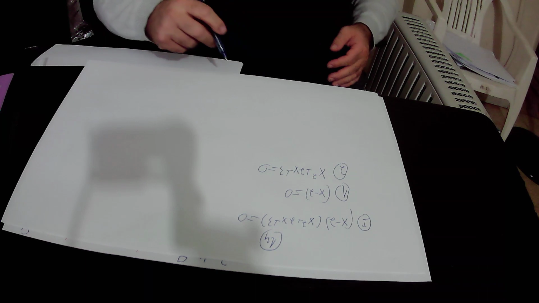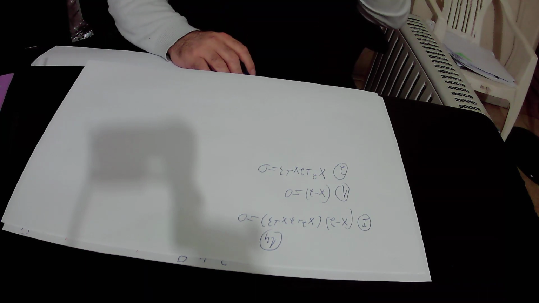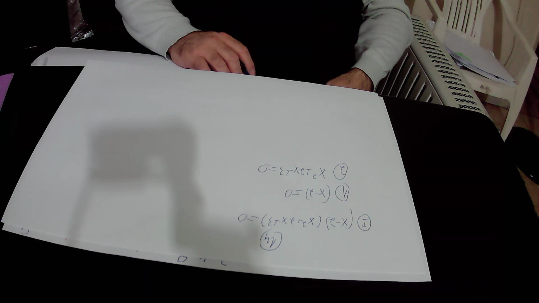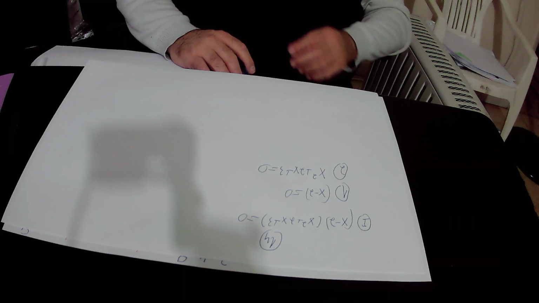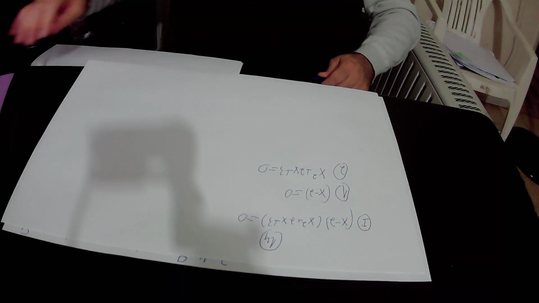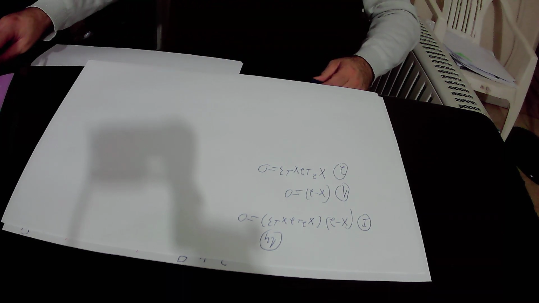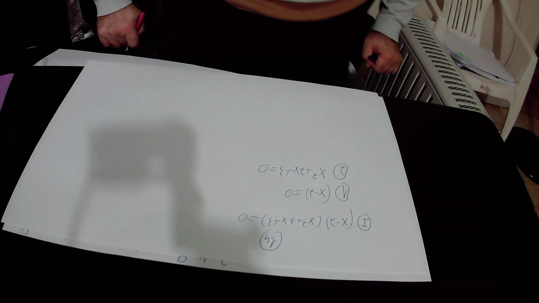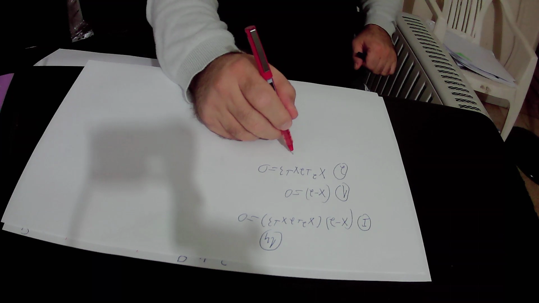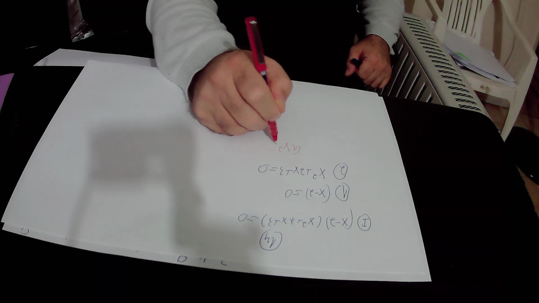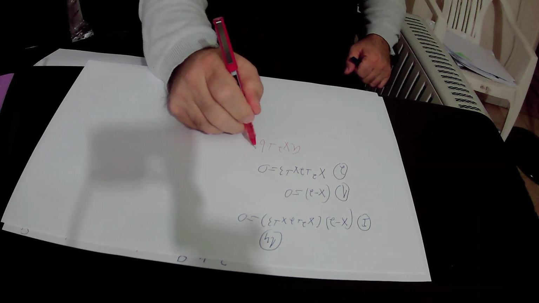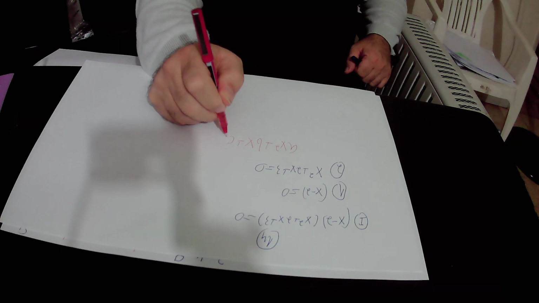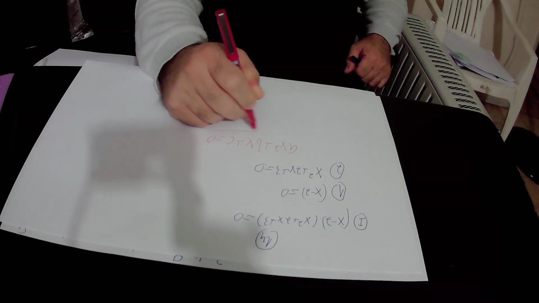So we will focus on the second solution. The second solution is a quadratic equation, and the general formula for a quadratic equation is ax squared plus bx plus c equals 0.